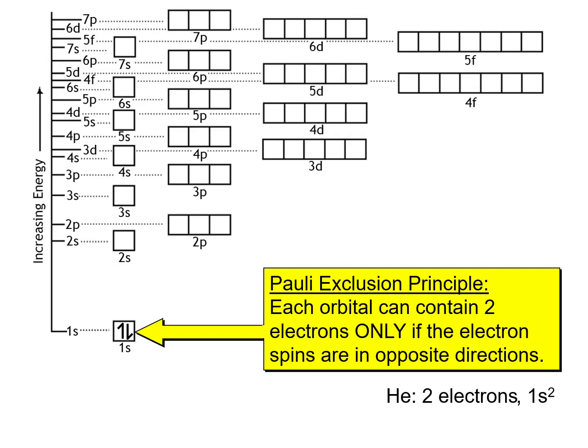And so one has the North Pole up and the other one has a North Pole down. And so even though the electrons are repelling each other in that orbital, those magnetic fields are helping stabilize them a little bit. So Pauli Exclusion Principle, 2 per, provided one's an up, one's a down. And then the electron configuration would be 1s2. We have a 1s orbital with 2 electrons in it.